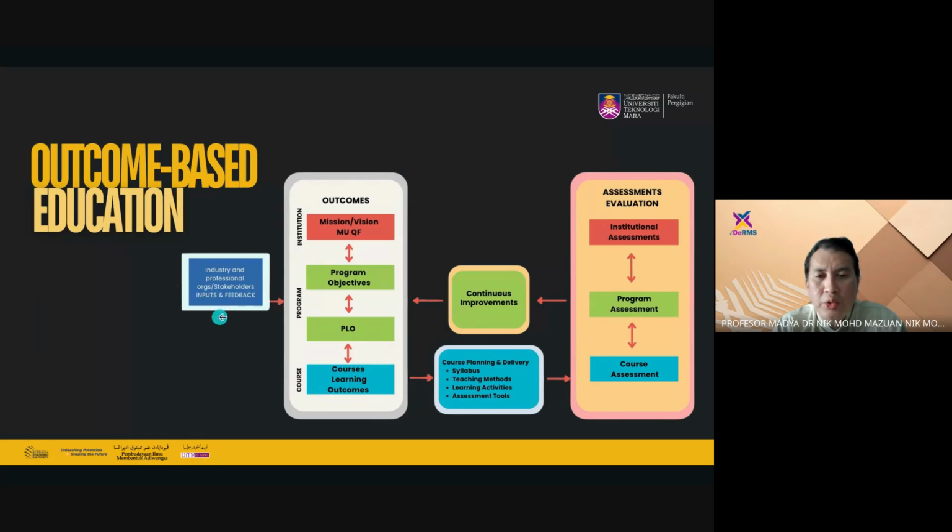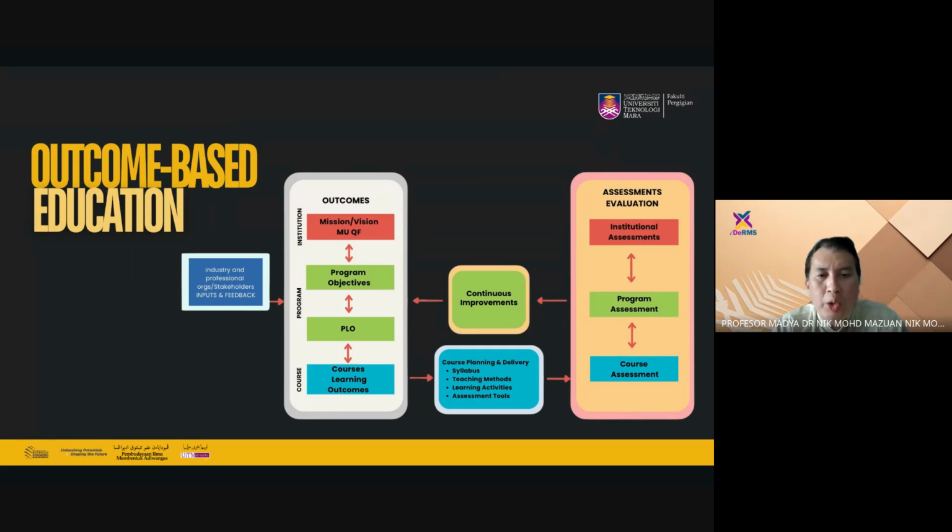If you do the accreditation documentation, you will see this a lot, right? Why? Because this is part of the OBE structure. Why do we need them? Because we want to ensure the students that we produce meet the requirements of the market at that time.